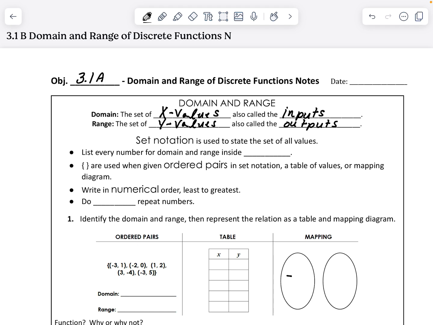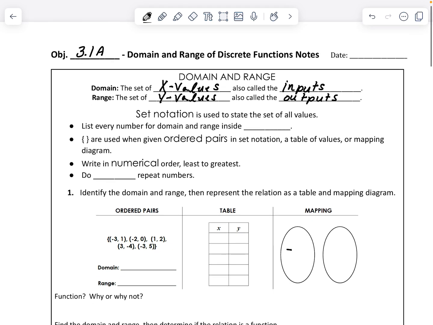So set notation is used to state the set of all values. When you use set notation, you list every number for domain and range inside curly brackets.